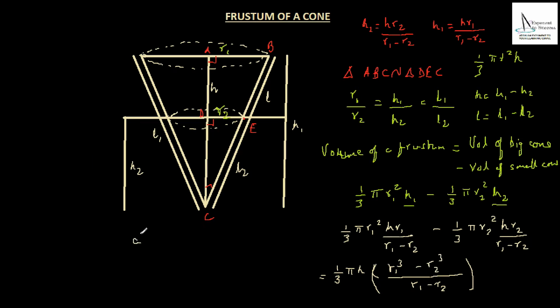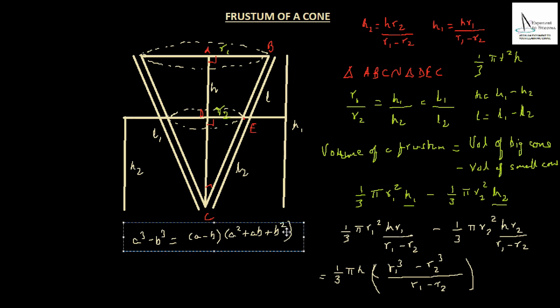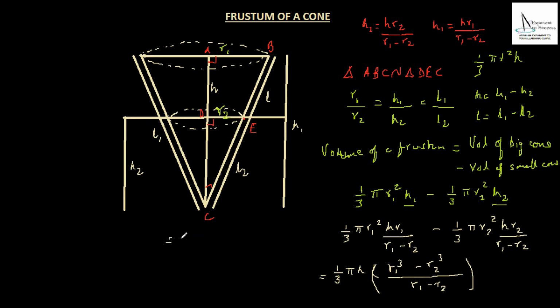Now if you remember the algebraic identity a cube minus b cube, we know that we can factorize that as a minus b times a square plus ab plus b square. And since we have got r1 cube minus r2 cube here, I am going to factorize r1 cube minus r2 cube, and I can rewrite that as, let me write the whole thing again.